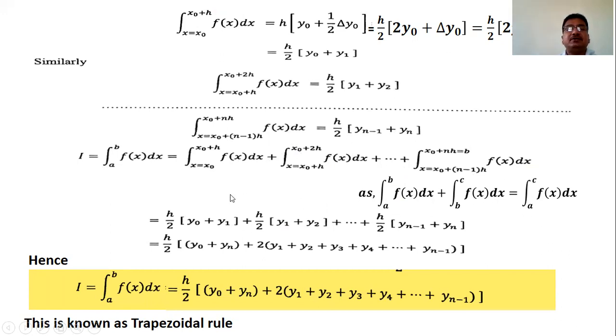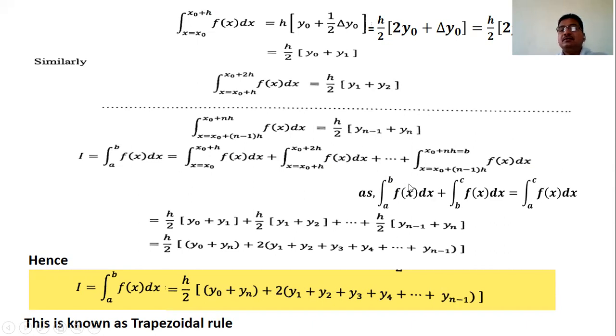So by the rule of addition of integration, I equals integration a to b f(x) dx, which is the integration from x0 to x0 plus h, x0 plus h to x0 plus 2h, and so on, to x0 plus (n minus 1)h to x0 plus nh. If we add all these integrations, we get the answer a to b, because of this rule.